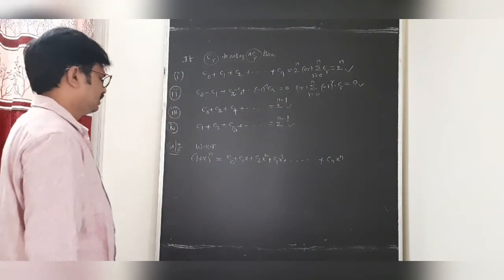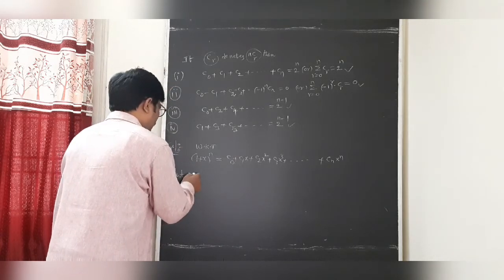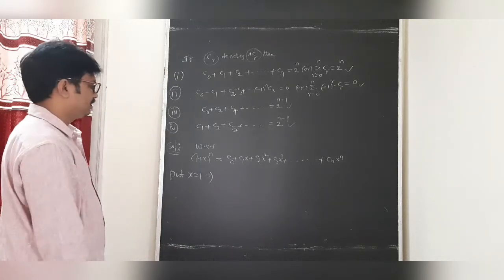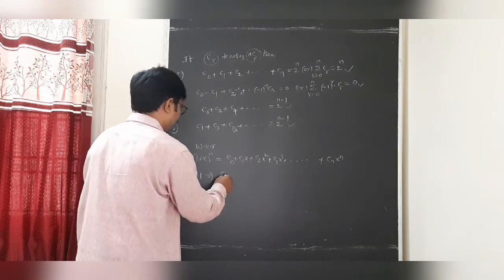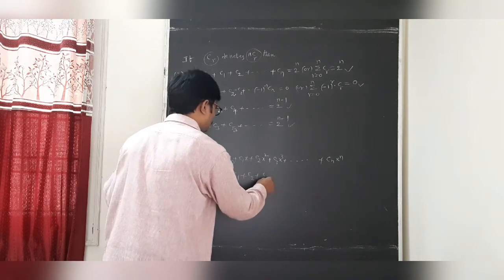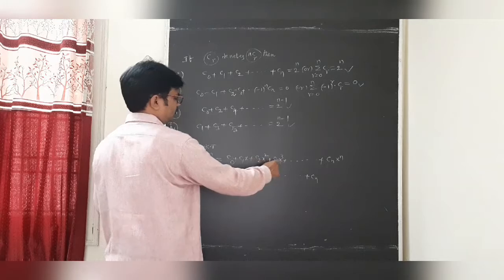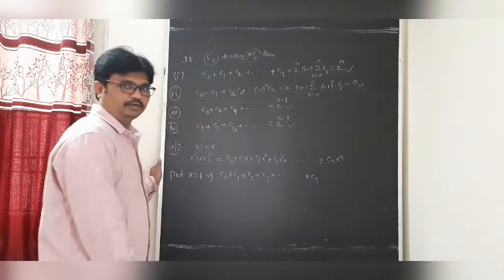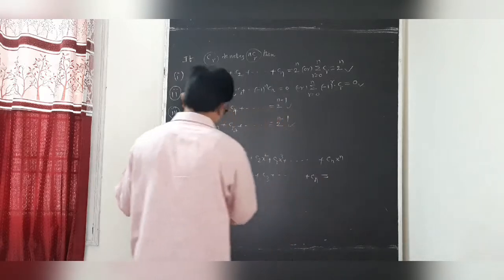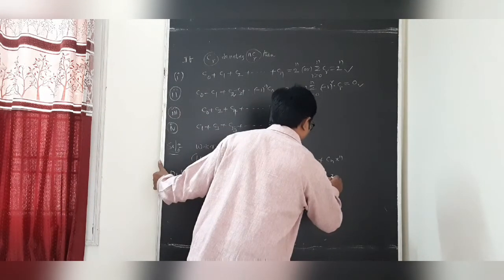Dear students, now we are substituting on both sides x equal to 1. When x equals 1, this is C0, after that C1, C2, C3 and so on, Cn. 1 squared is 1, 1 cubed is 1, 1^n is also 1. So (1 + 1) is 2. Undoubtedly, this is 2^n.